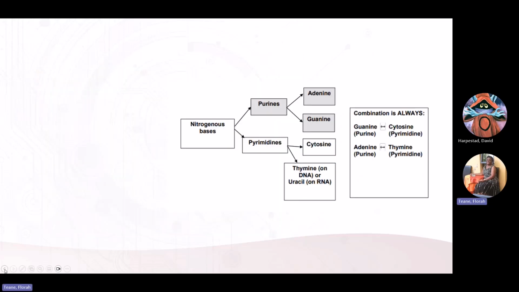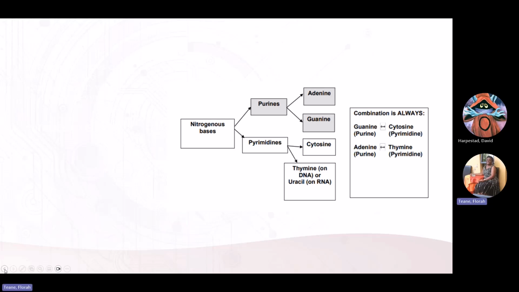Now we have two types of nitrogenous bases. They are the purines and the pyrimidines. The purines are adenine and guanine, whereas pyrimidines are cytosine and thymine.